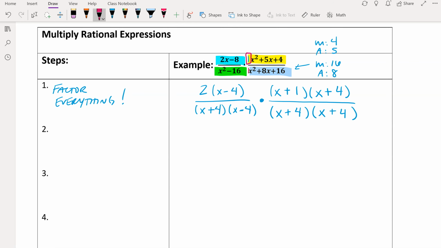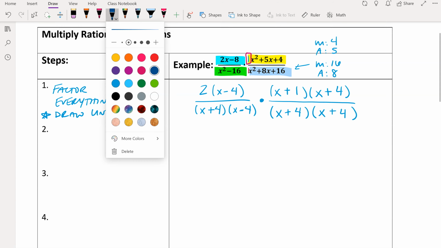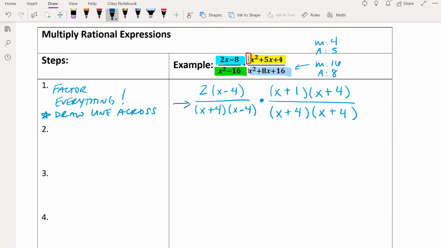We factored all pieces. Now step 2. Factor everything and then draw the line across. This is kind of my own step, so I'm going to show you what I mean. We're going to take this line right here and complete it.